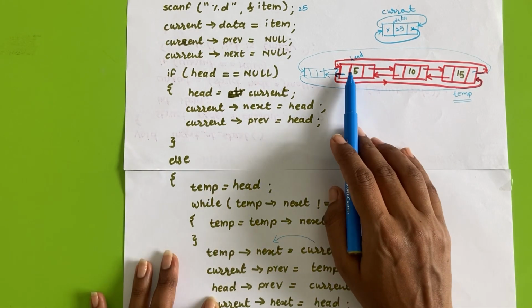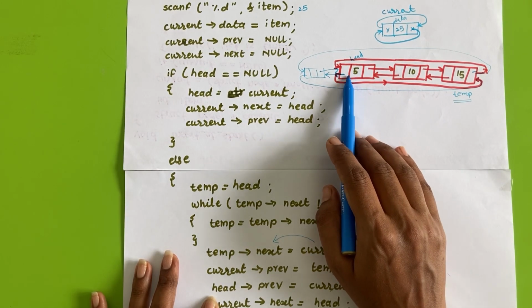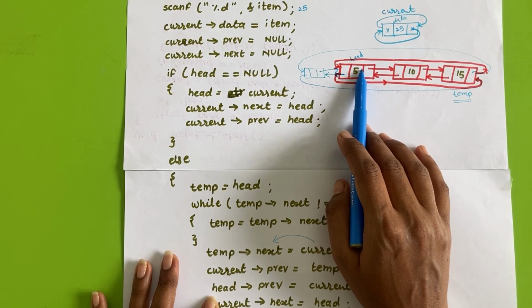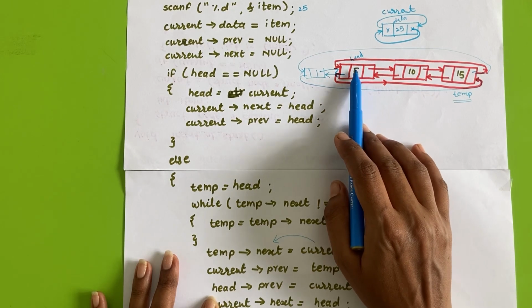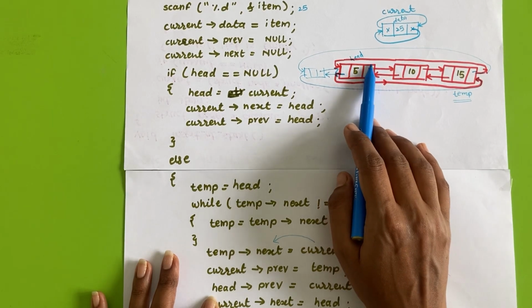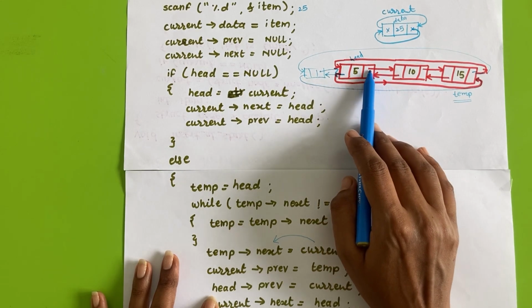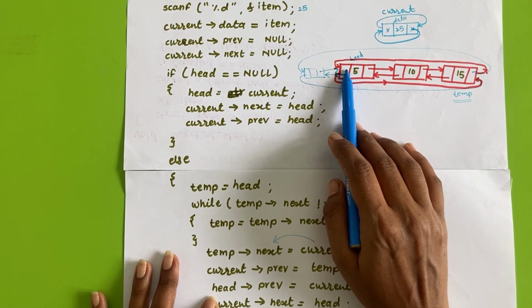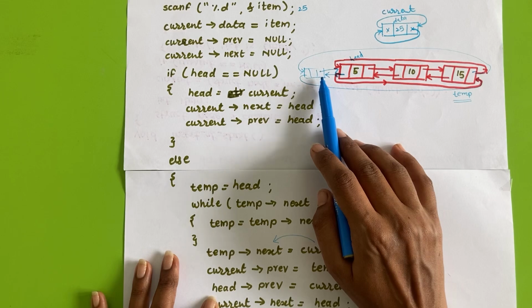Now this head, which is the current head, we have to make changes in this node. Okay, so we have made these two changes and now we have to make changes in this node. So this node's previous field only will get changed, because here we don't need to make any other changes. That is, head's previous field will point to current node.